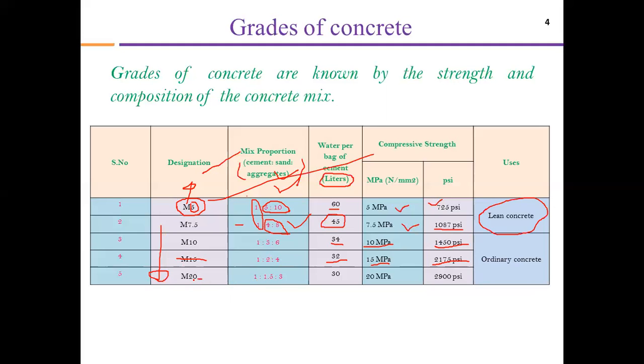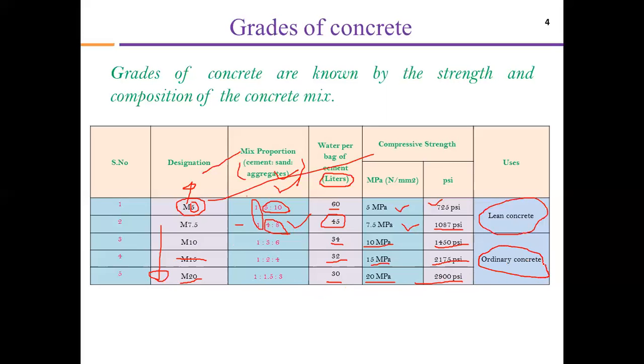Then M20. M20 is 1:1.5:3 concrete. The amount of water per bag is 30 liters. The characteristic strength is 20 megapascal or it is 2900 psi. All these types like M10, M15, M20 are known as ordinary concrete.